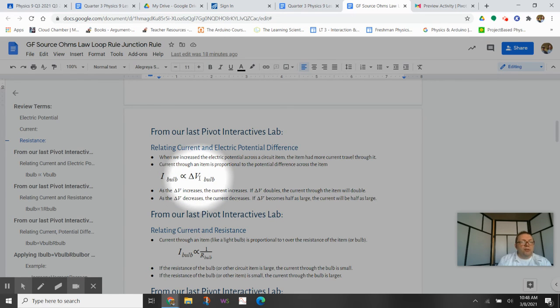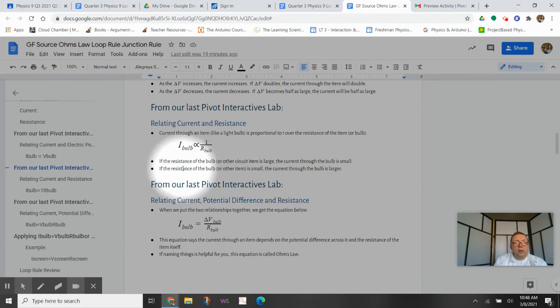If the potential difference doubles, the current doubles. If the potential difference triples, the current triples. If we reduce the potential difference to half the original value, then the current should also reduce to half of its value. So whatever happens to one, the exact same thing happens to the other. Now, that doesn't mean that they're the same value. It doesn't mean that the current is 3 and the potential difference is 3. It just means if one doubles, the other doubles.